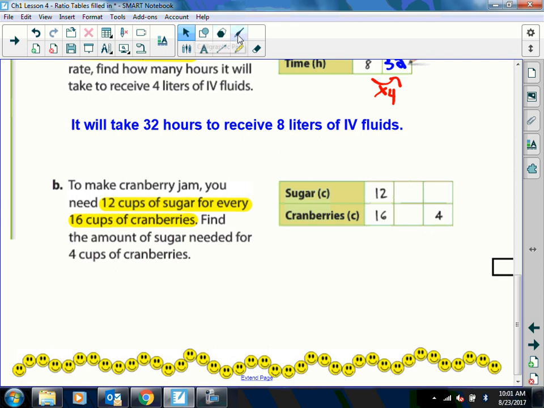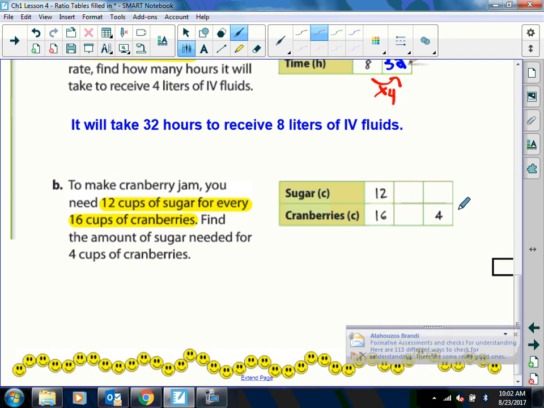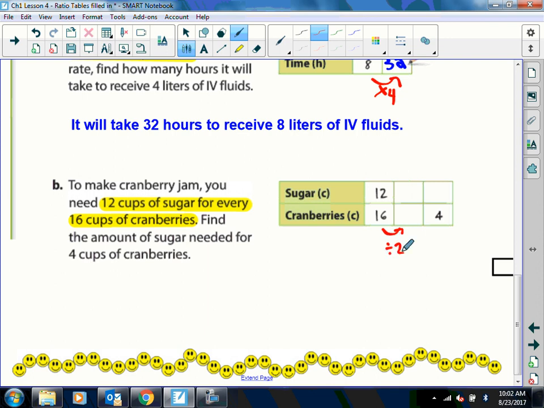You got that? So let's do this in 2 steps, because you know that you can get to 4 by dividing by 4, right? 16 divided by 4 is 4, right? So we're just going to do a couple steps here. So let's divide by 2 first. Okay, I divide by 2 there, and then up here I can divide by 2 there.